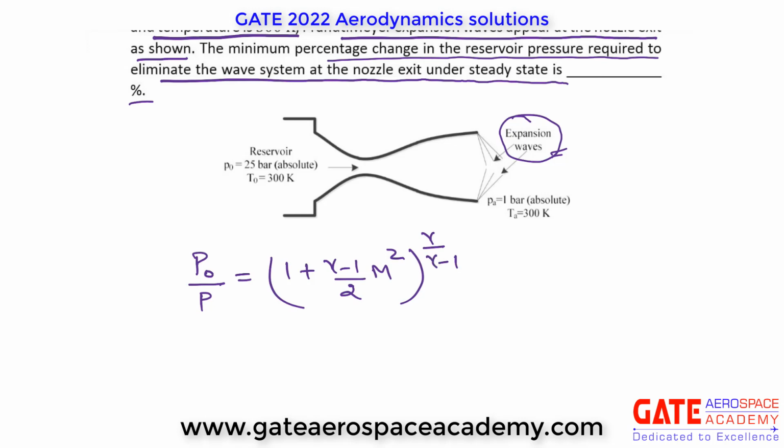This is the isentropic relation between stagnation and static pressure and Mach number. So it is designed for Mach number equal to 2.3. Ambient pressure is 1 bar absolute. So if we have to eliminate the expansion wave, it should be perfectly expanded up to back pressure, that is ambient pressure of 1 bar.